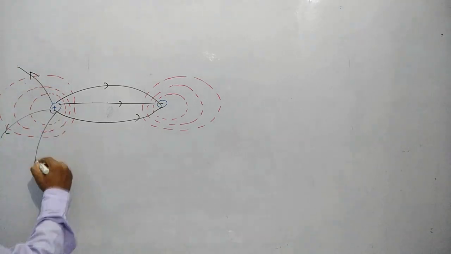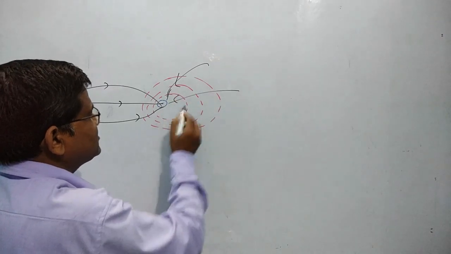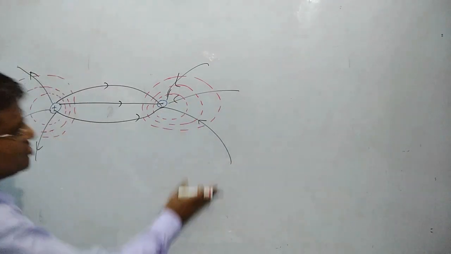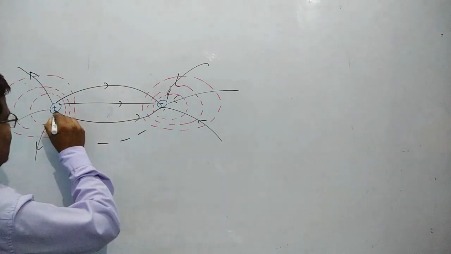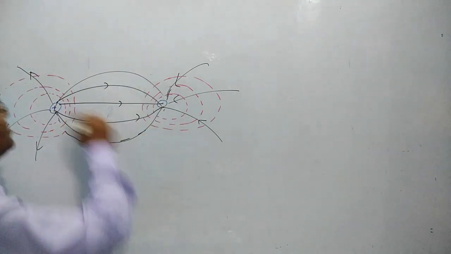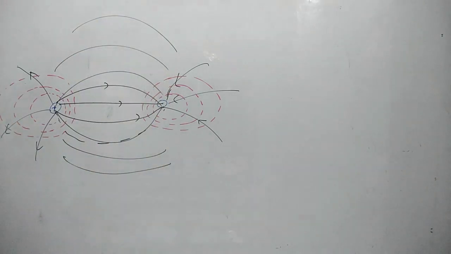The lines always bend like this because they are perpendicular to the surface. Don't draw a straight line. You can draw many more.